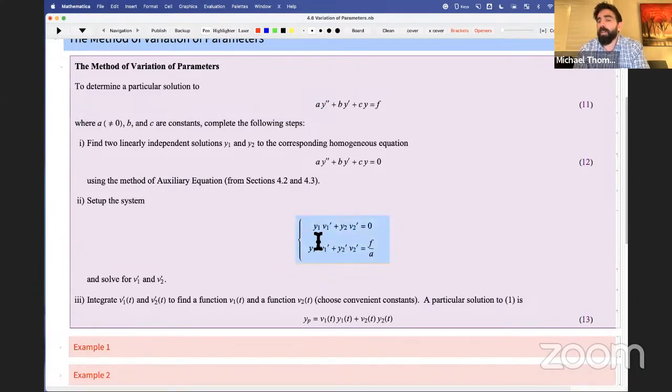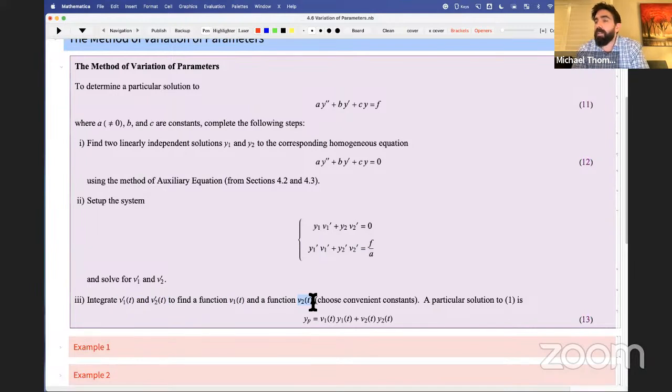Now, although it looks super complicated, really this is just a system of equations, which you can solve for v1 prime and v2 prime. It's just simple algebra. There's no calculus required. Once you find v1 prime and v2 prime, you're going to integrate both using direct integration.